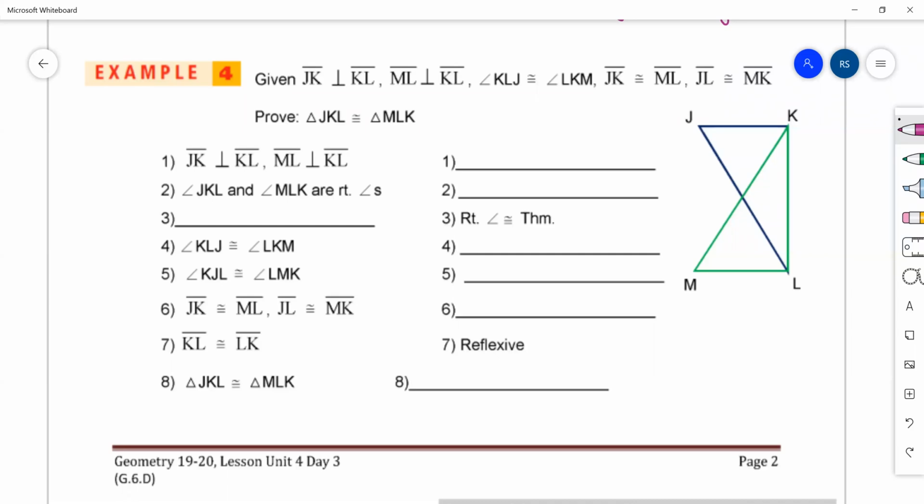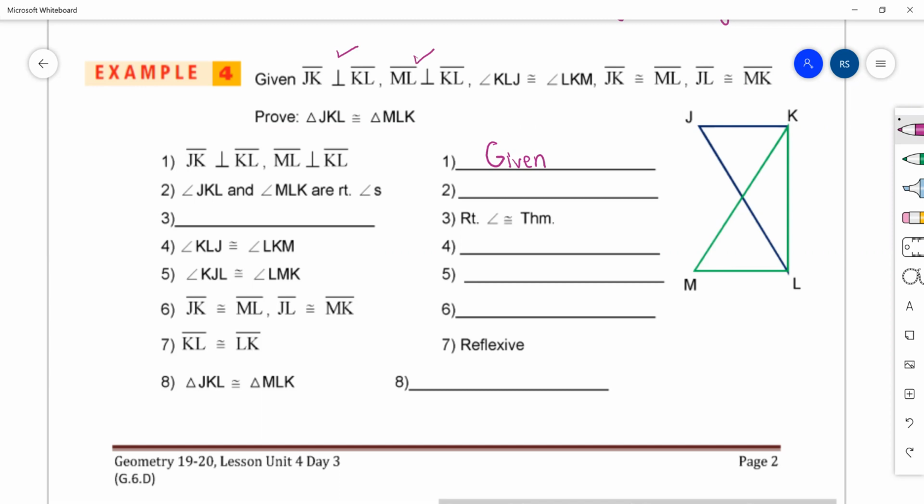So first, we say JK is perpendicular to KL, ML is perpendicular to KL. Where do we see that somewhere else on the page? Up in the given area. So this is given. There it is up there. Boom, boom.